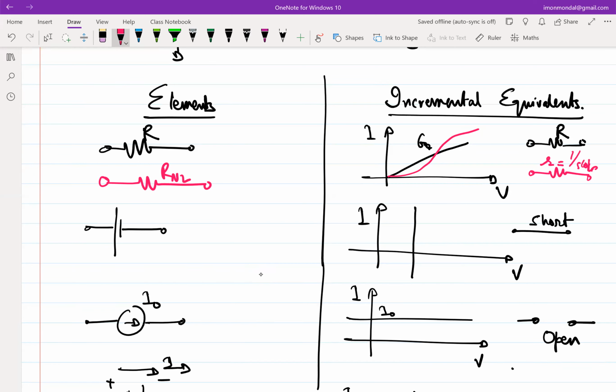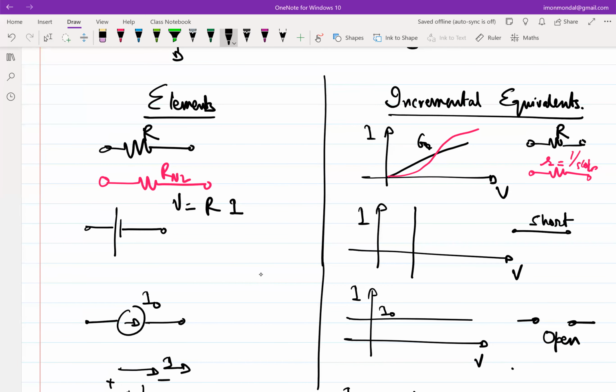So when I say I have a resistor, V is equal to R times I, right? I am assuming that in the case of a linear resistor, R is constant. So when I say it's a nonlinear resistor, what am I assuming? R is not constant, right?